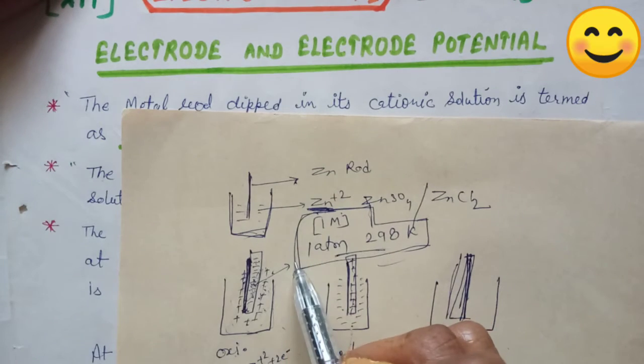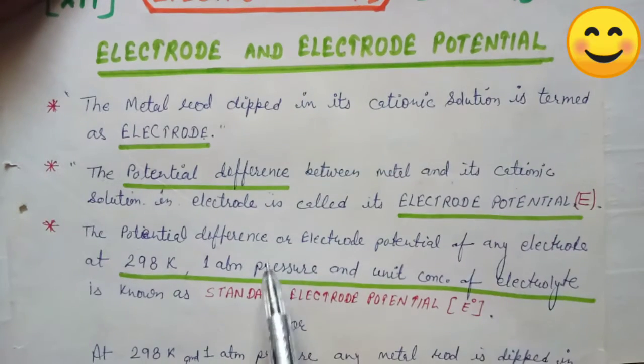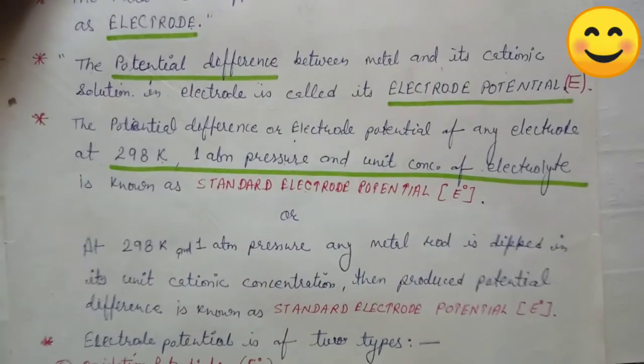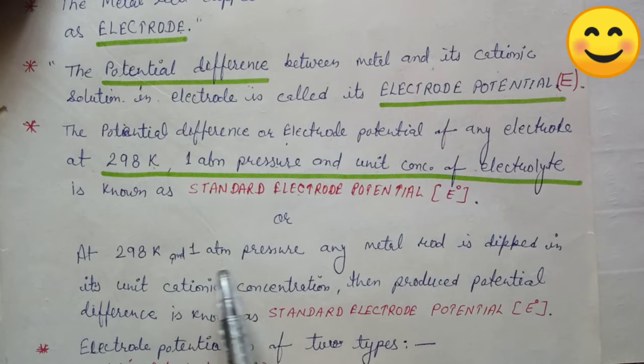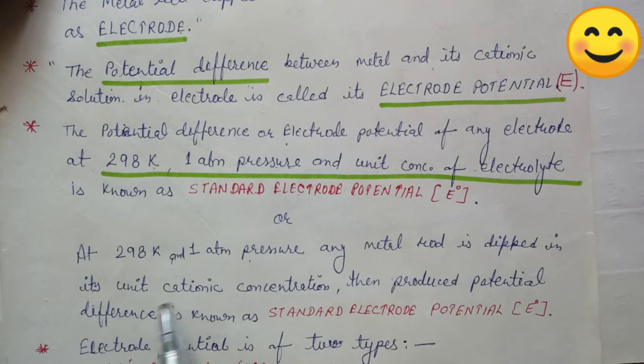Or we can say that at 298 Kelvin and 1 atmosphere pressure, when any metal rod is dipped in its unit cationic concentration, the produced potential difference is known as the standard electrode potential, denoted by E naught.